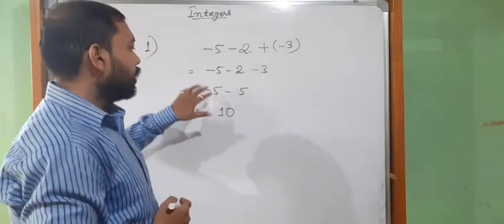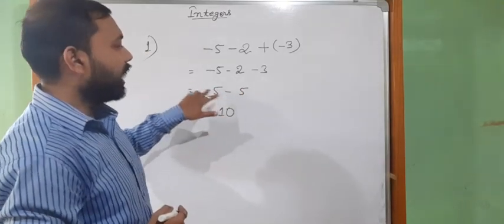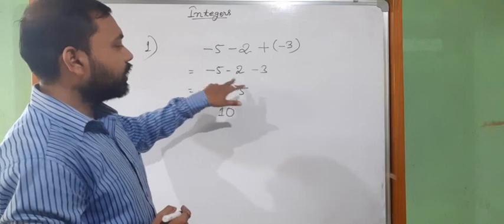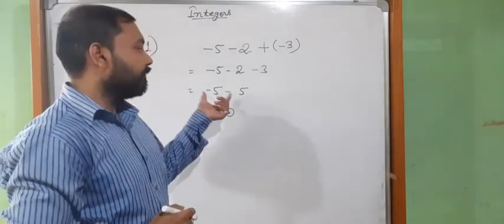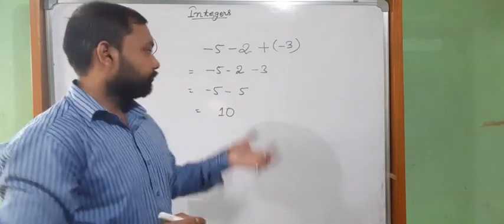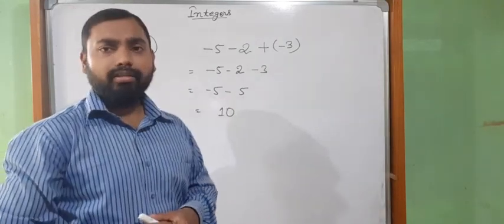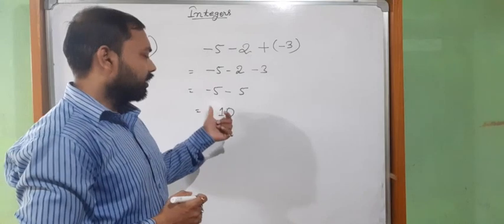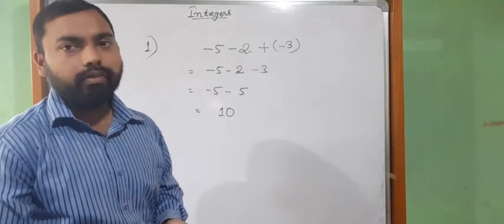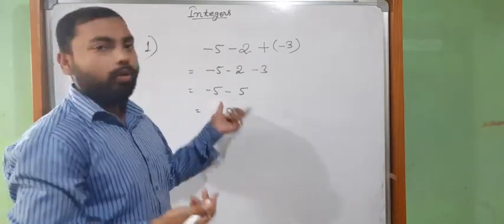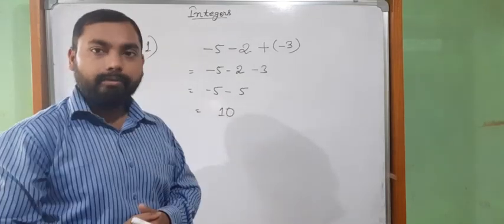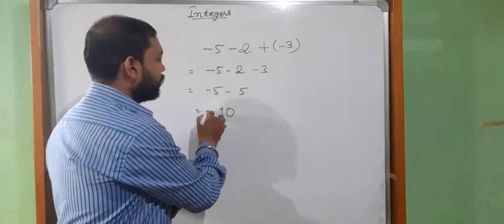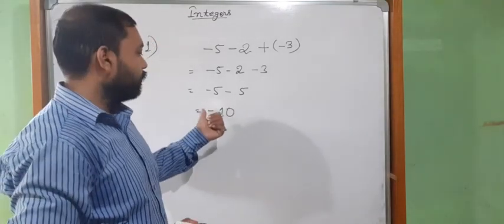If you suppress this negative sign, you can see that these two are the same number, 5 and 5, and both have the same sign. So in the answer also we have to give a negative sign. Because both are the same number and they have the same sign, the answer will be -10.